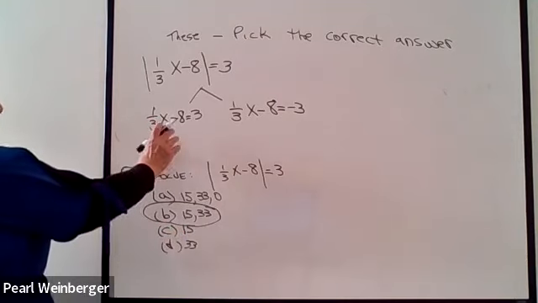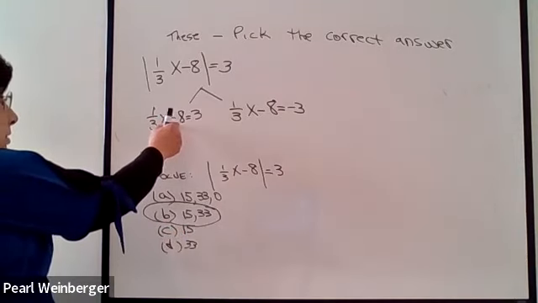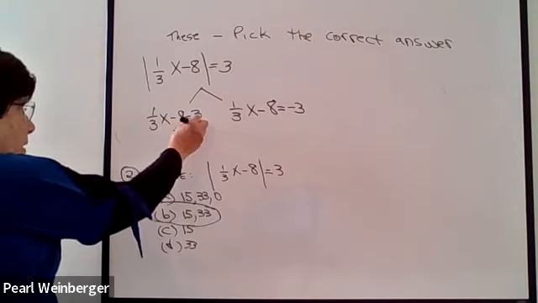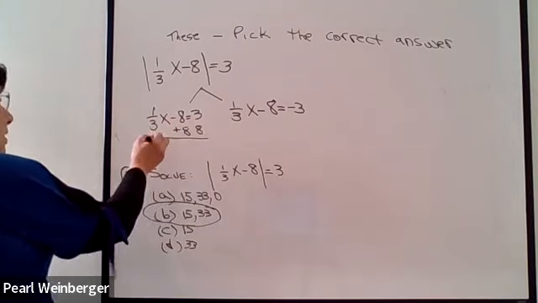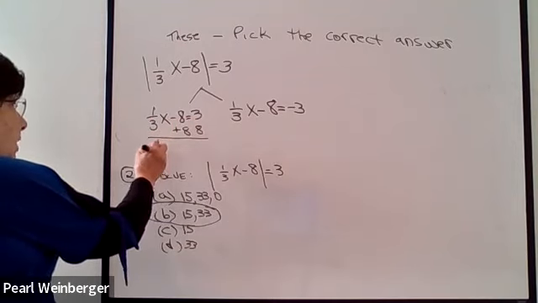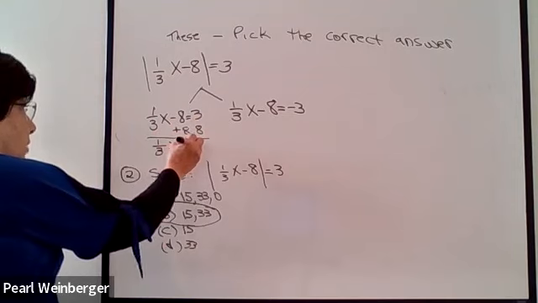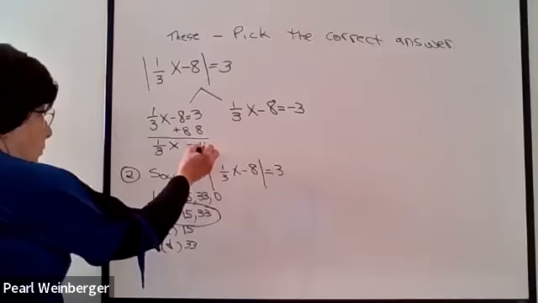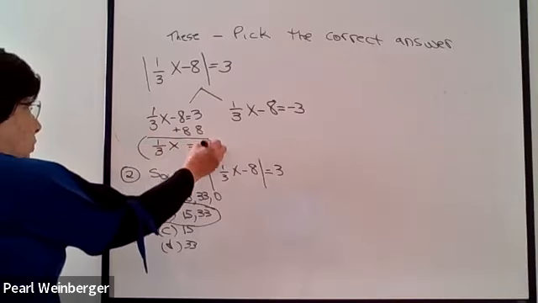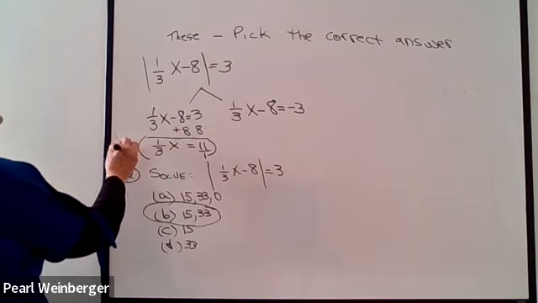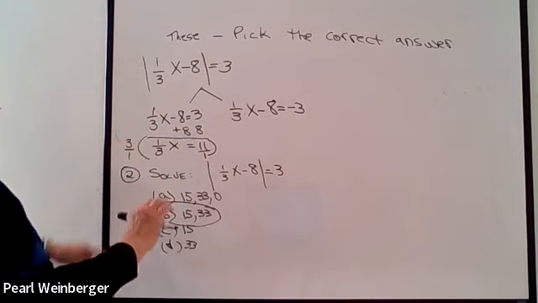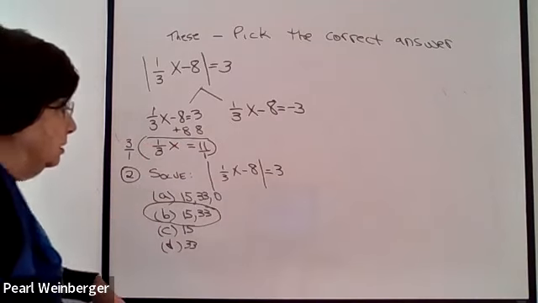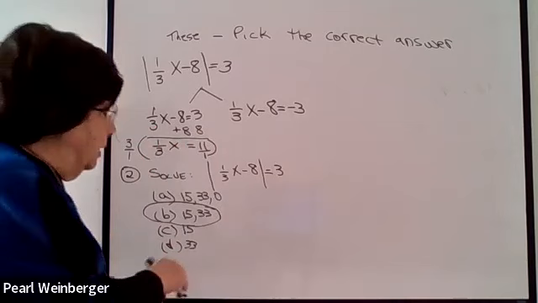But since this is a review, let's see if this really works out. How do we solve this? Well, the first thing I'm going to do is take the first equation and add 8 to both sides. So I get the x by itself. I have 1/3 x equals 11. And this really means 11 over 1 if you think about it. So remember, when we have a fraction, we want to multiply by the reciprocal. And the reciprocal of 1/3 is 3. So we're going to multiply both sides by 3.